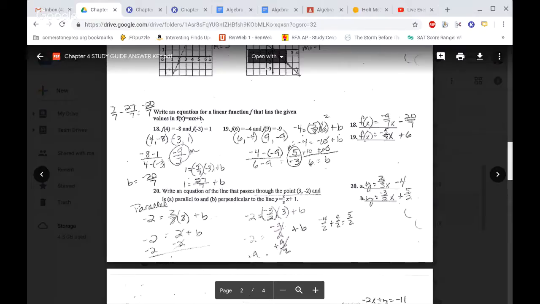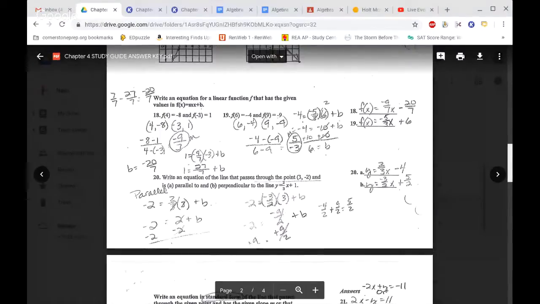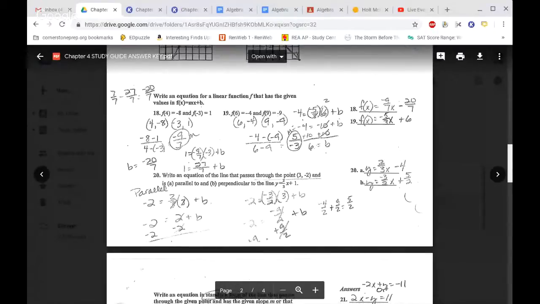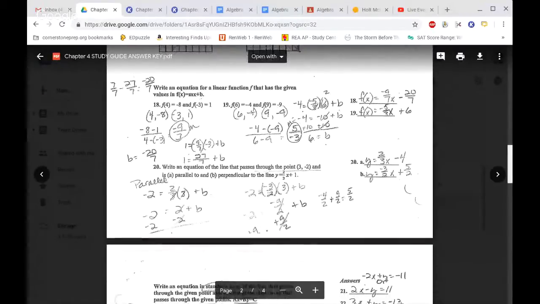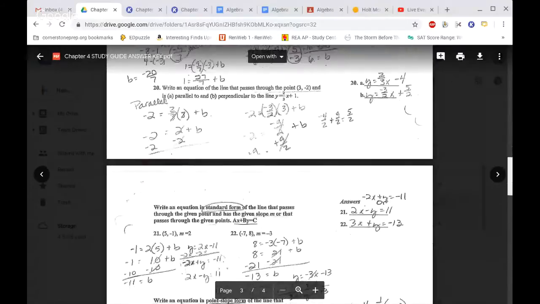Could you go to the next page, please, where it talks about point slope form? Yes. Does that make sense? Yeah, I didn't bring the negative with the fraction. Oh, okay. I got you.